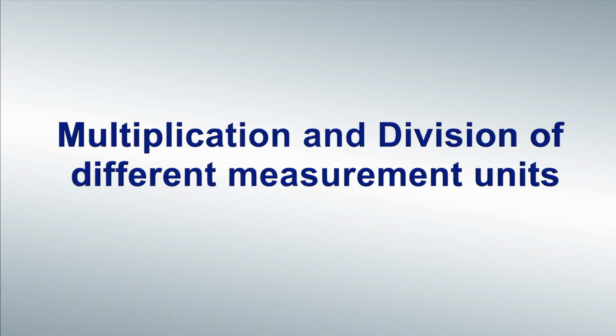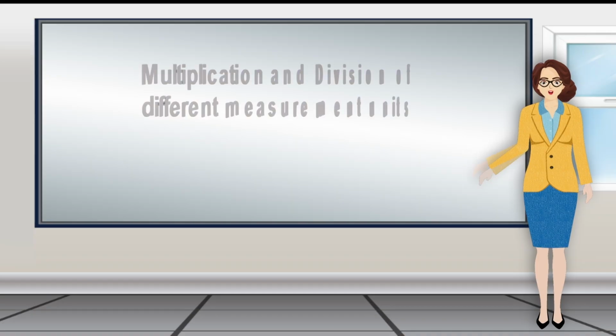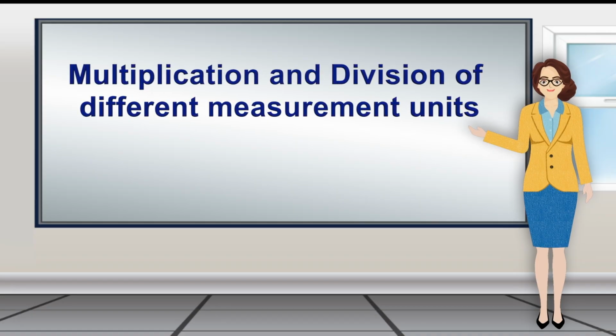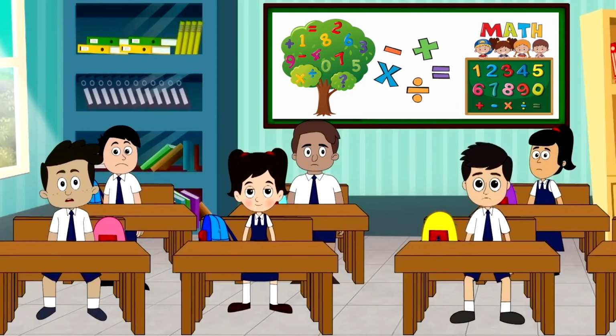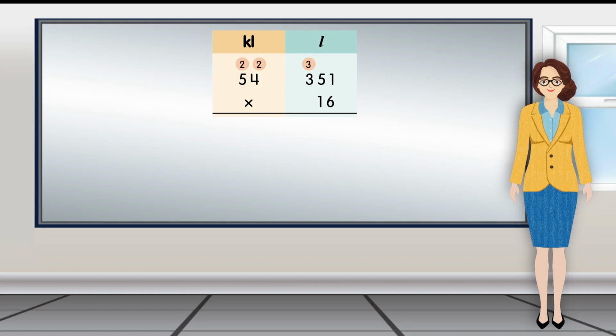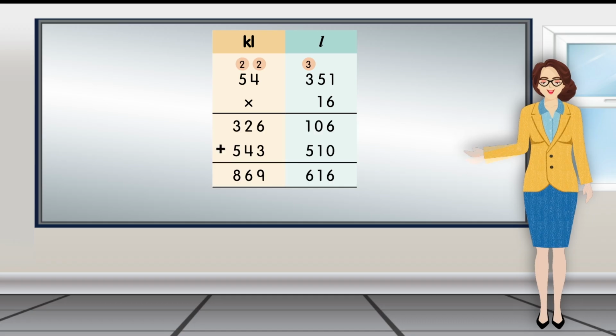Multiplication and division of different measurement units. Students, let's learn multiplication with an example. Example, multiply 54 kiloliter and 351 liter by 16. Students, as you know, multiplication always starts with ones place, and here we have two digits, so first we will multiply with 6 ones, then 1 tens and add their products.